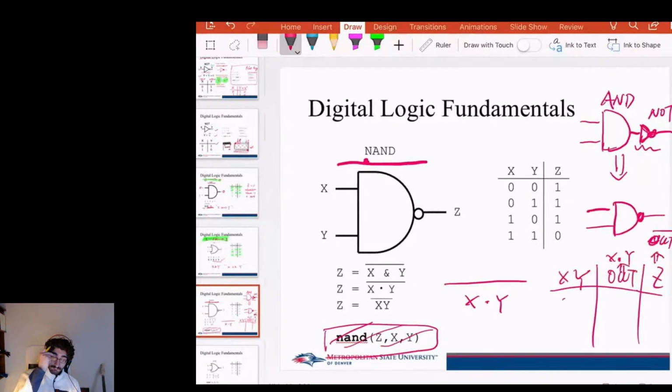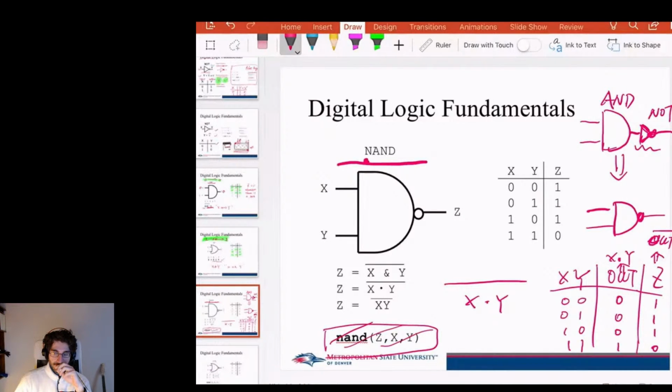If I know the value of X and Y, the AND of XY is 0, 0, 0, 1. Only when both inputs are 1 do you have a 1 as X times Y. Z is the complement of this, so we could easily generate the value of Z and finish this truth table.